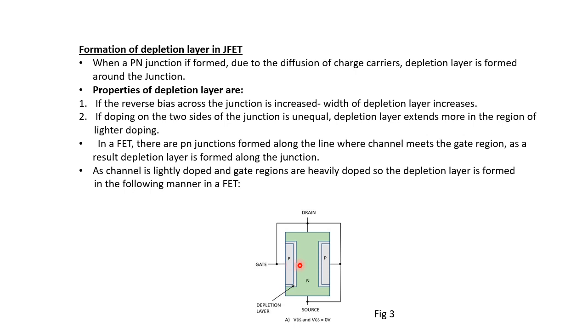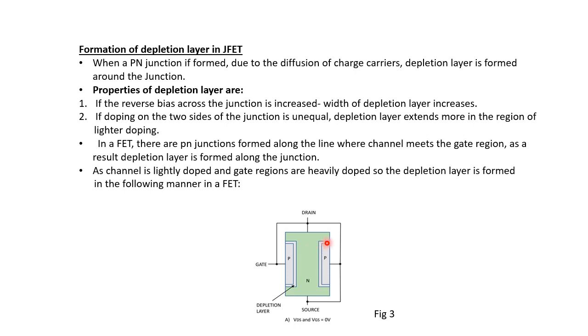But we know that the channel is lightly doped and the gate region is heavily doped. Therefore, a depletion layer will be formed on both the sides, but the width of the depletion layer will be narrow on the gate region of the FET and on the channel side of the junction, because channel is lightly doped, the width of the depletion layer will be more.